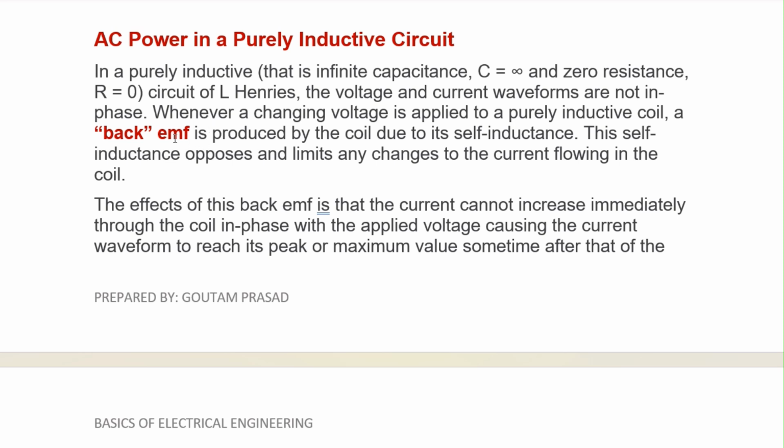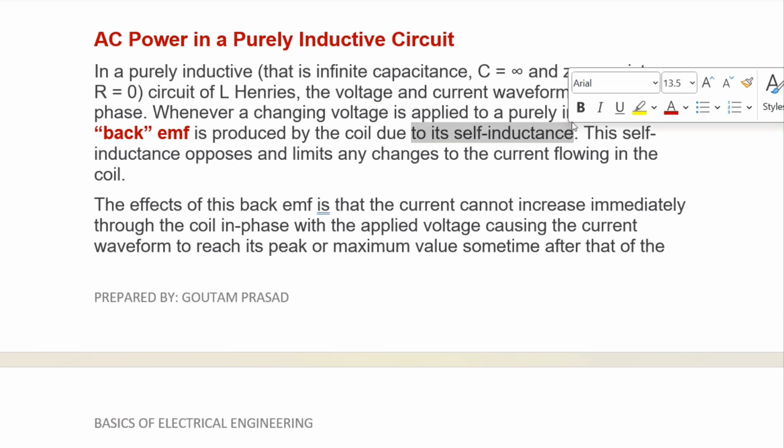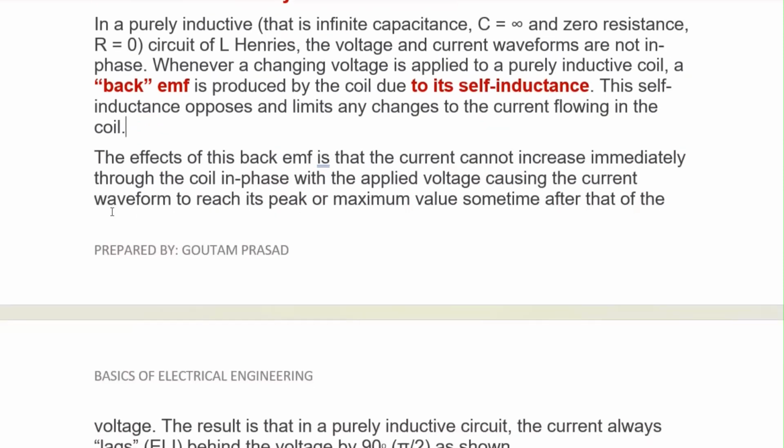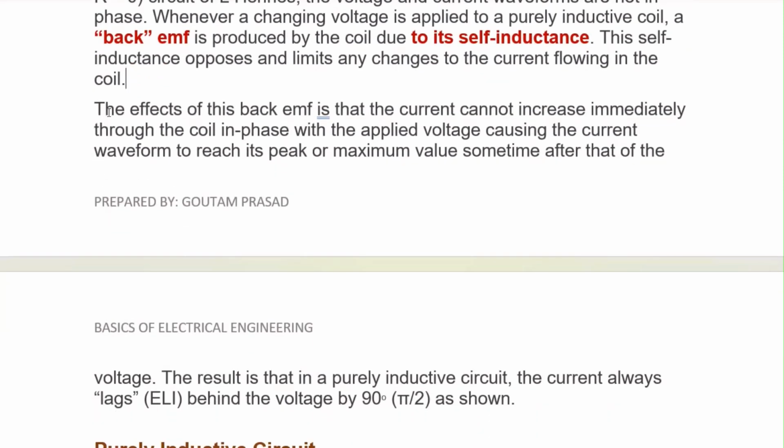So the back EMF produced by the coil is because of the self inductance of the circuit, and this self inductance opposes any changes in the current flowing through the coil. That is very important to understand why the current is limited in the case of an inductive circuit.